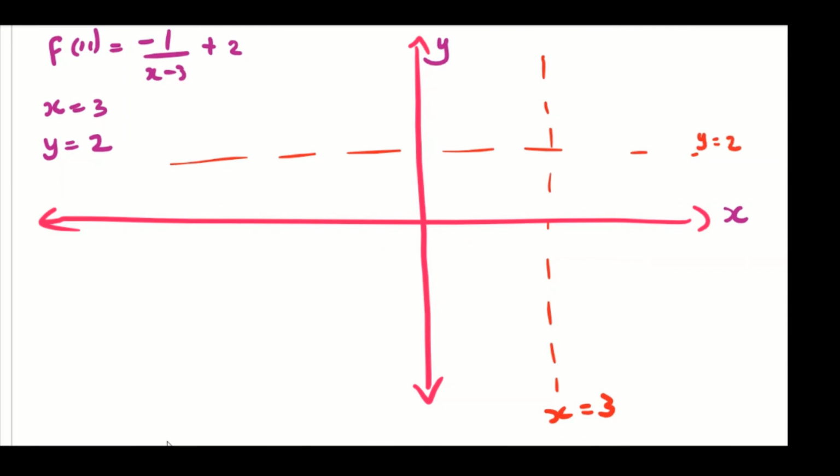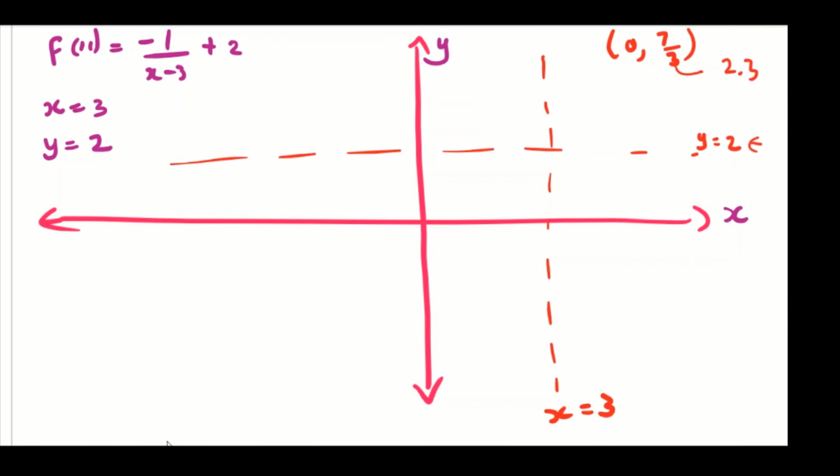And then we have our y-intercept, which is (0; 7/3). 7/3 is simply 2.3, right? So it's above this asymptote.